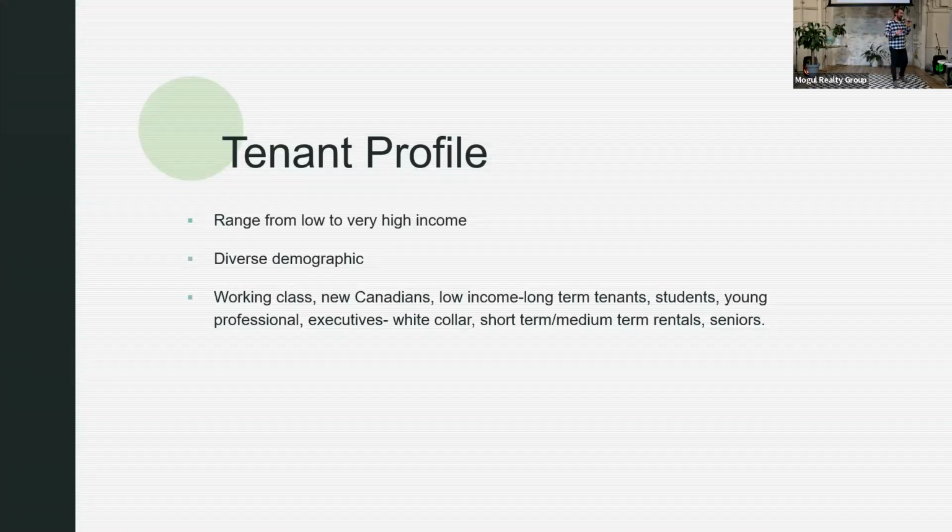You have a really good diversity of tenant profile in different sections of the city: working class, new Canadians, low income, long-term tenants. Typically what we see is that some of the lower income tenant profiles tend to stay longer in your rental properties. So when people say, I don't want that type of tenant profile, it can serve quite nicely as a long-term tenant profile.